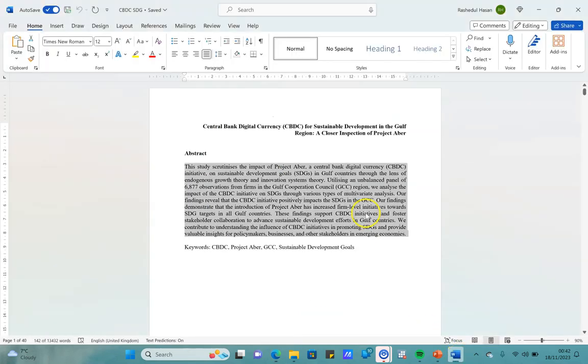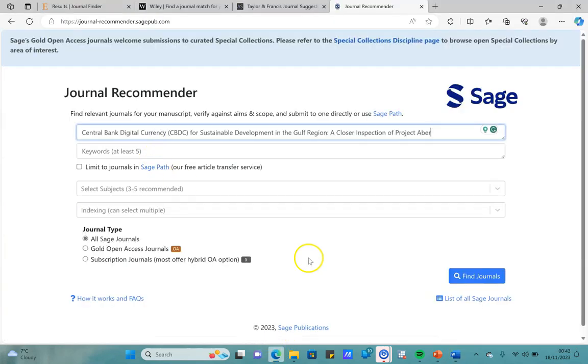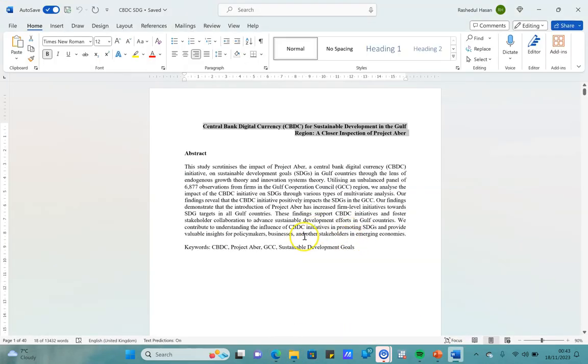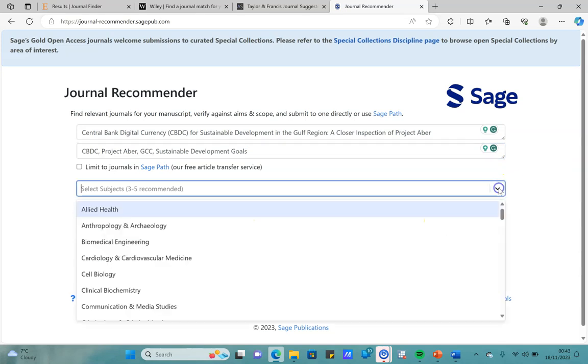And again, Sage is asking for title and keywords. So this time I have to take the keywords, place the keywords here. Limit to journal in SagePath or free article transfer service. Don't know what this is. Select the subject.